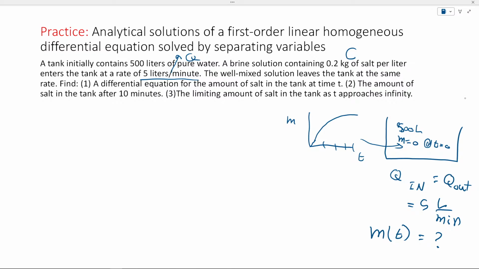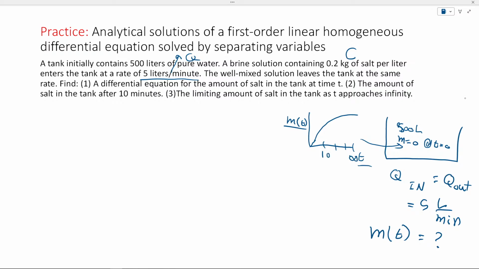So how to do this? First, we need to see the rate of change in mass. Formulate this differential equation, then we solve it. If we solve this differential equation, we will know mass as a function of time. So this is basically a differential equation for the amount of salt in the tank at the time, and then the amount of salt in the tank after 10 minutes. I can know after 10 minutes and after 1 million minutes.